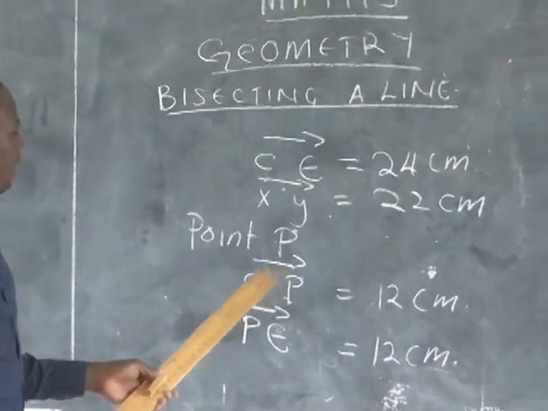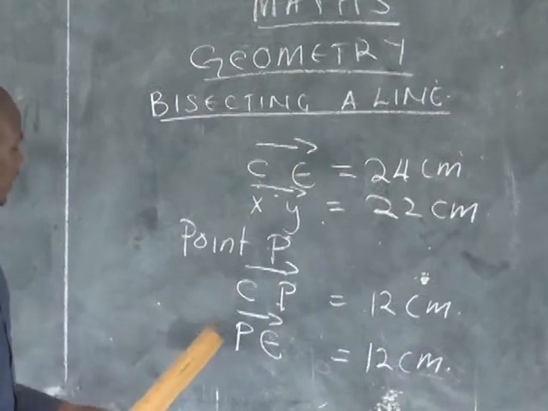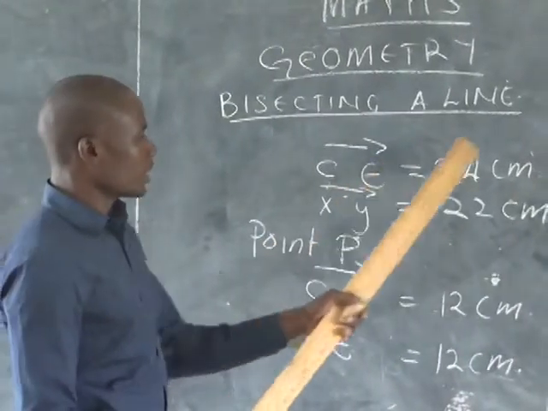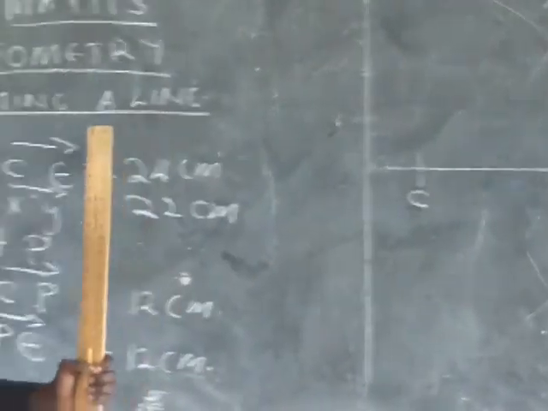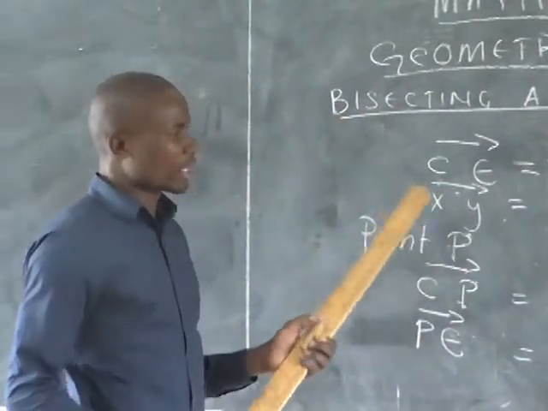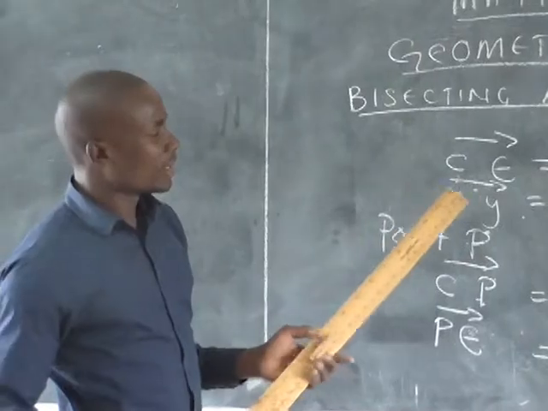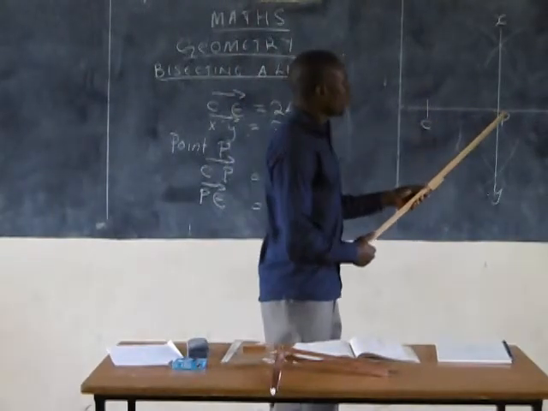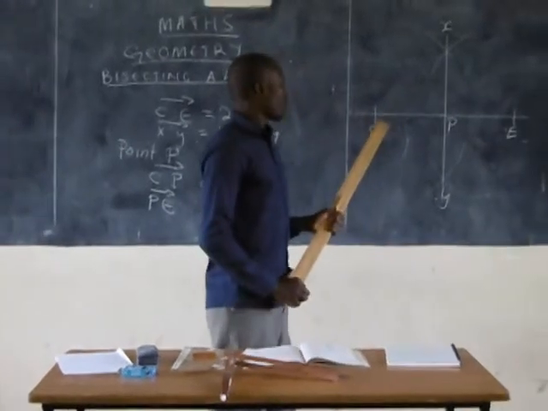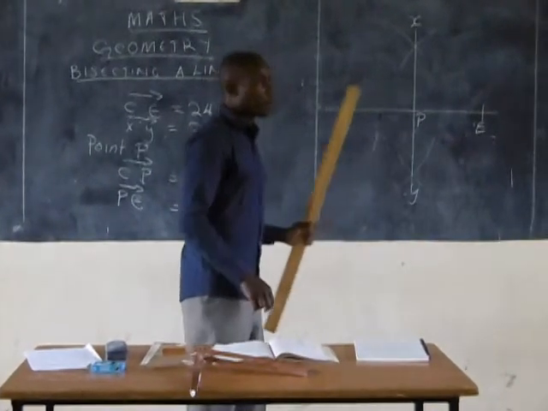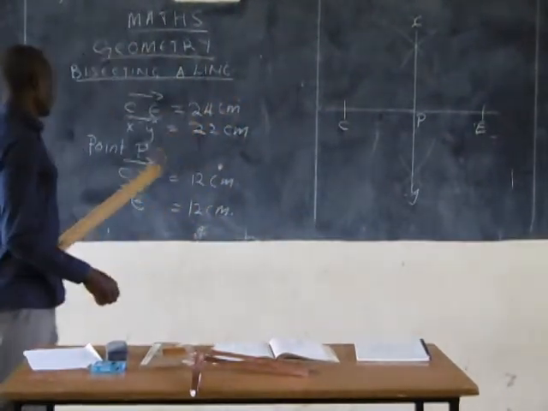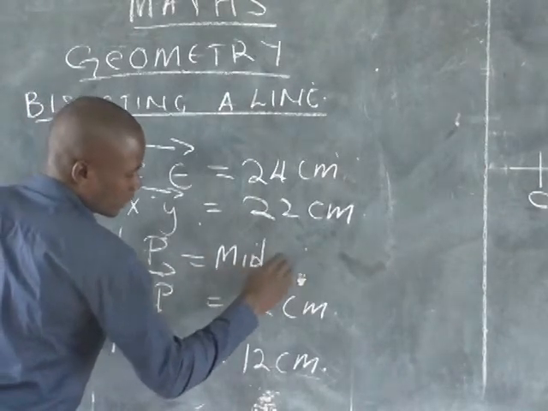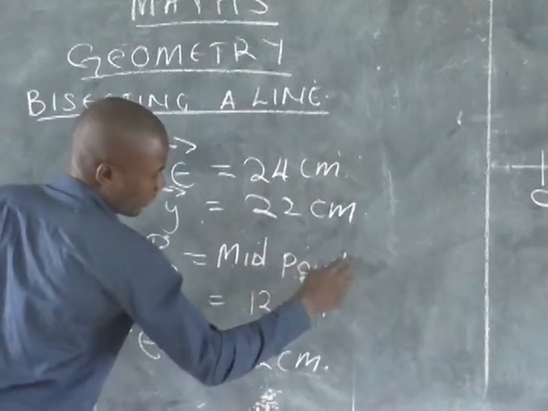CP is half of CE. PE is half of CE. Are we together? Now, from our construction, we'll realize that point P is the center of CE, and therefore, we call point P the midpoint.